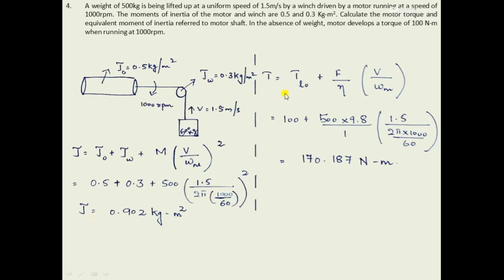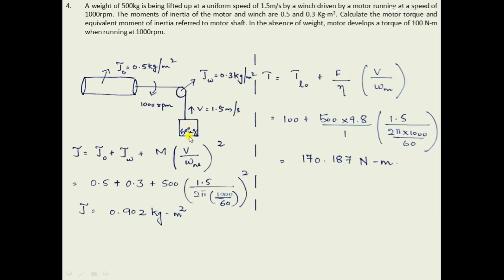Similarly, for the equivalent torque, T is equal to TL0 plus F by nu into V by omega m. Make suitable substitution for TL0 as 100 Newton meter and omega m as 2 pi into 1000 by 60. The value of F is not given directly in the problem. Instead, it is given that it is used to raise a weight of 500 kg.